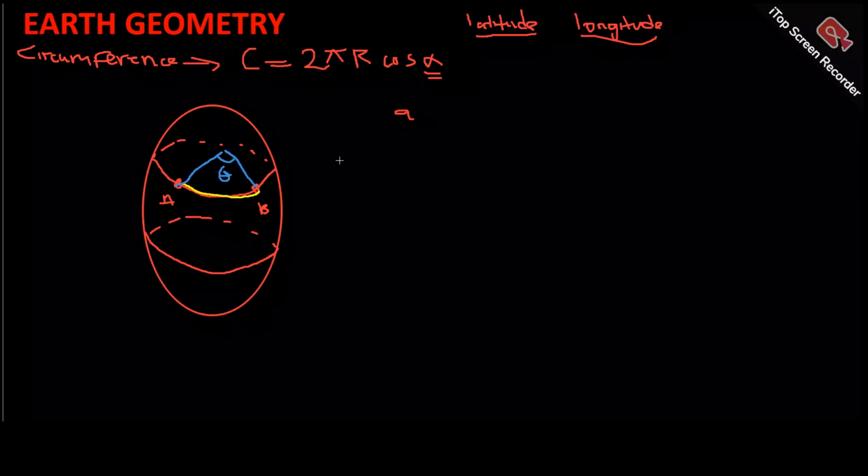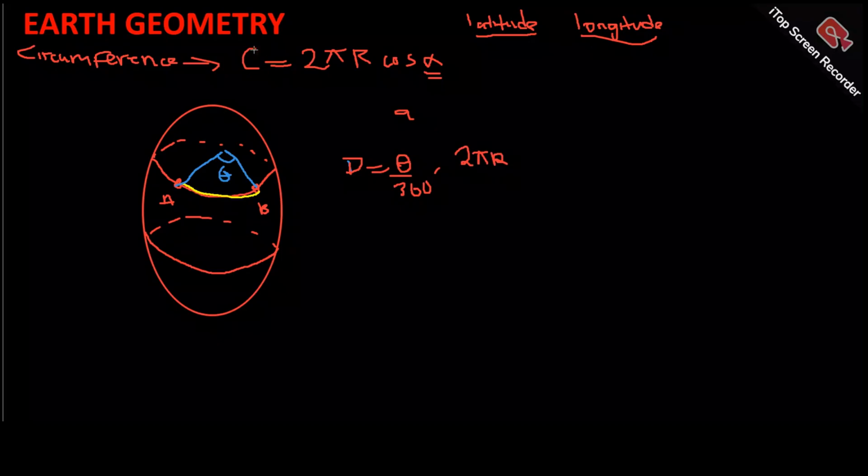How to find the difference, we have talked about it. So finding the distance in latitudes: we know that a circle adds up to 360, so we'll say theta out of 360 multiplied by the circumference, 2 pi r.